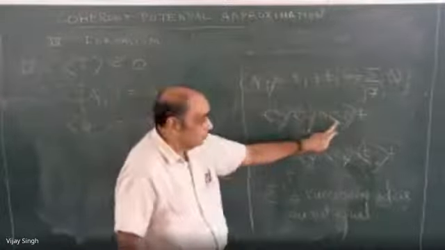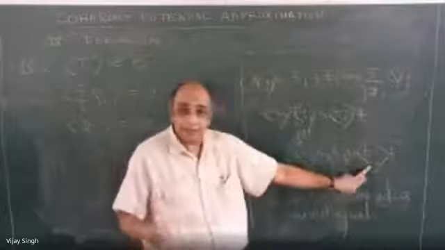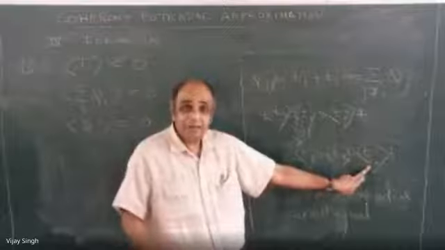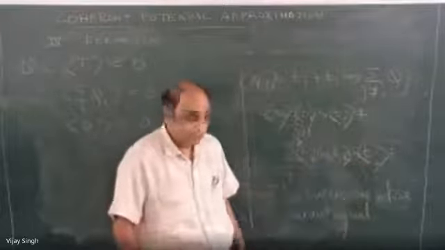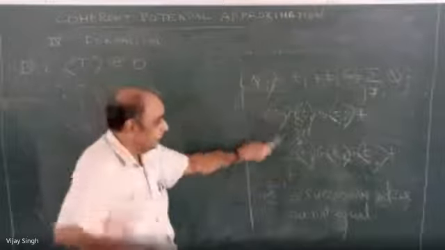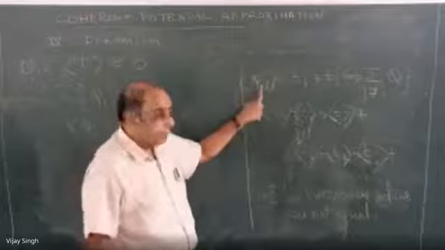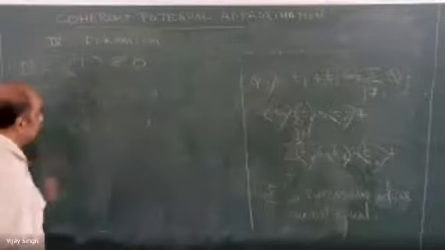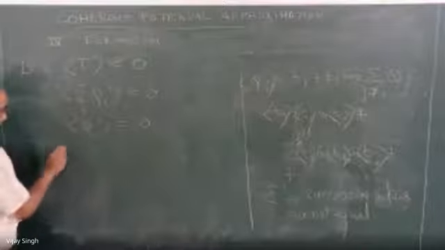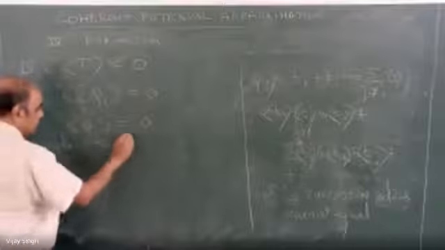This is equal to 0, no doubt, each one. But that this is so is not quite correct. But if I demand this, then certainly Q_i will be 0. Let each of these be 0 on an average. Then this is 0, and if this is 0, then this is 0. So I say single site approximation.